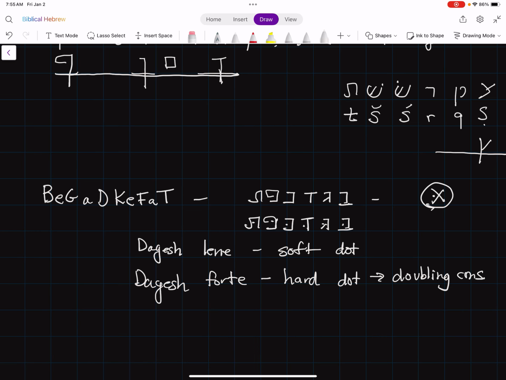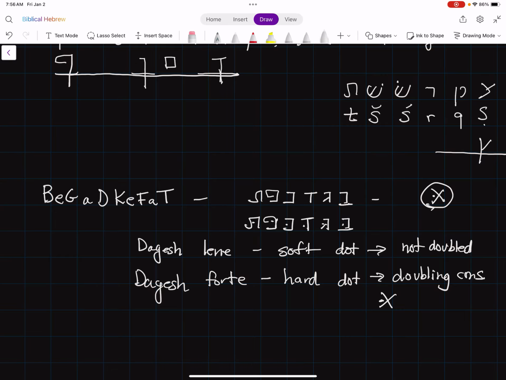All letters except the gutturals technically can be doubled. The problem with the BeGaDKeFaT letters is that they can also take a Dagesh Lene, where it is not doubled. Later on, I'm going to be talking about how to differentiate, when you see a Dagesh in BeGaDKeFaT letters, whether it is a Lene or Forte, but for now I need you to know the category of these letters.